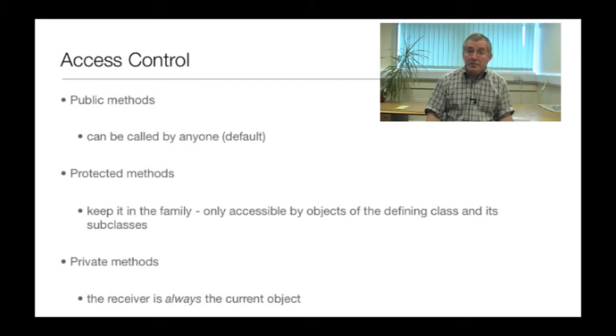In the case of Ruby, protected is very similar to other object-oriented languages. In a sense, a protected method keeps it accessible to members of the family and doesn't allow access by other class instances. So a protected method is only accessible by objects of the same class or any of its subclasses.